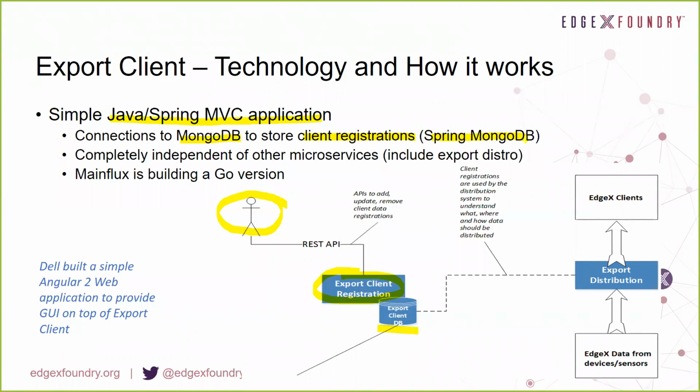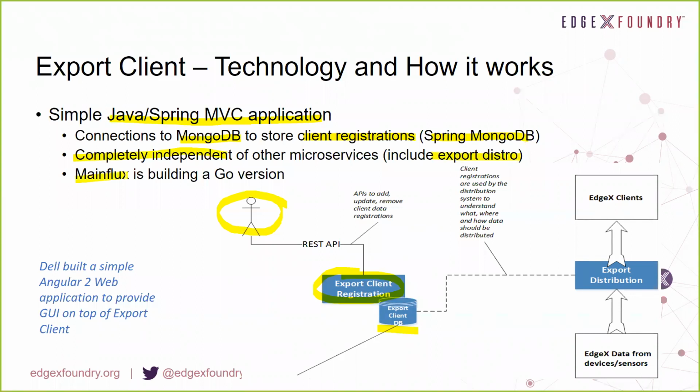But this service is completely independent from all other microservices, including export distro. In other words, it can come up on its own, it can go down on its own, it can be replaced on its own, and the database that you choose to store the data the export client is going to maintain could actually be swapped out for some other database as well. In fact, we've got a company that's part of EdgeX, Mainflux.